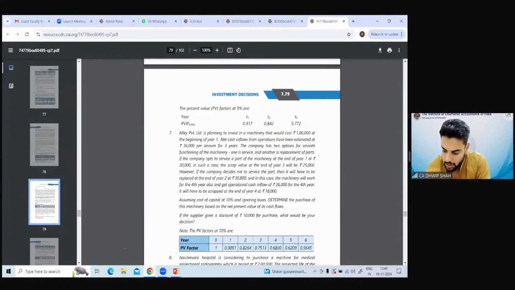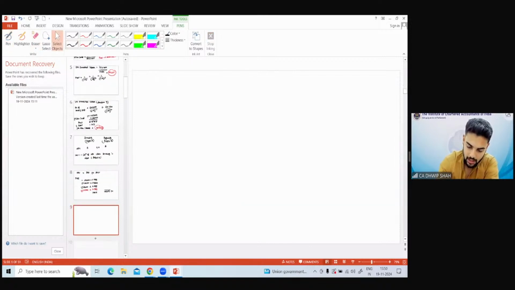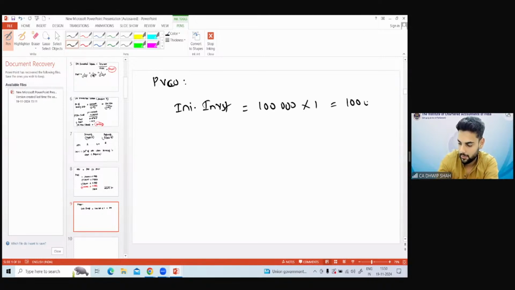And machine cost. Let's calculate PVCO. My PVCI is 108,307.3. In the next step, we will calculate PVCO. PVCO would be my initial investment amount, which is 1 lakh. And since it has been incurred at the start of the project, it will not be discounted.